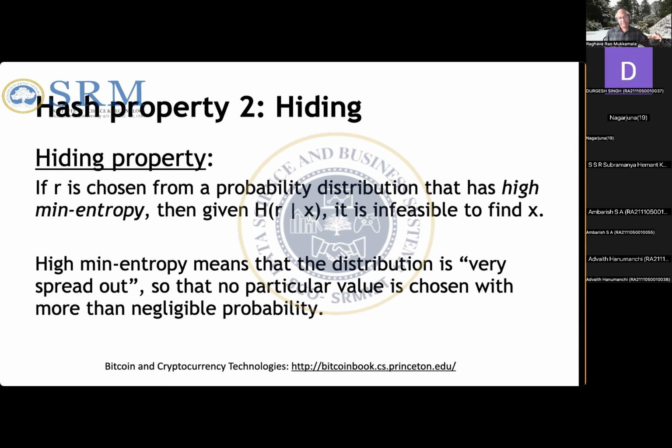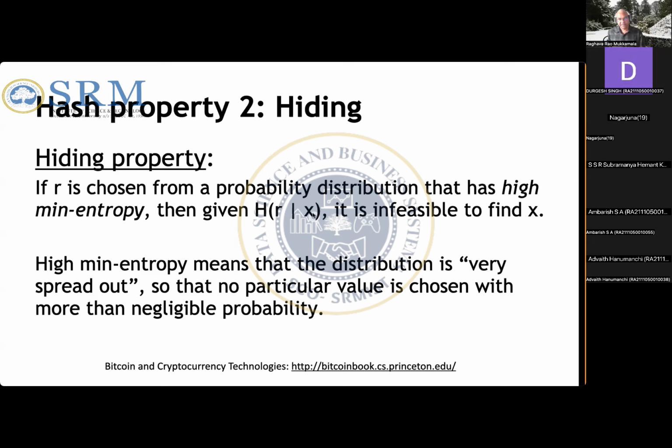What is high min-entropy? In simple terms, imagine you have a huge number of possible values, let's say numbers from 1 to several trillions, and you pick one value randomly. So basically you are choosing a value from a very large pool. That is called high min-entropy.